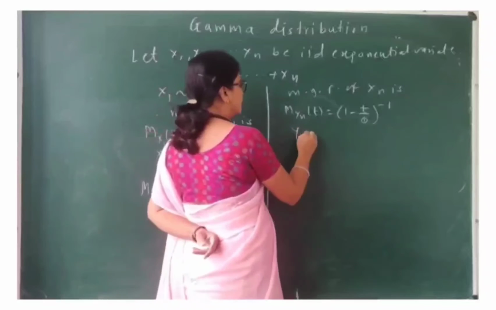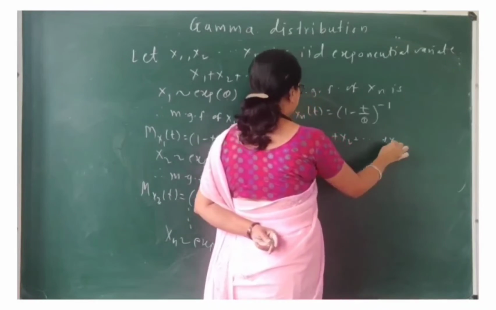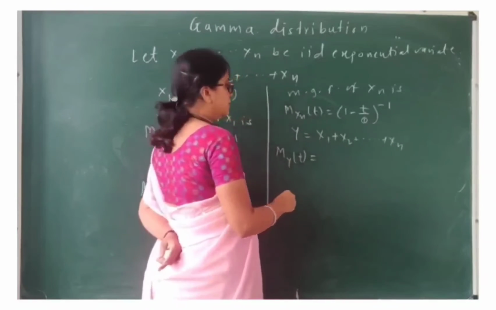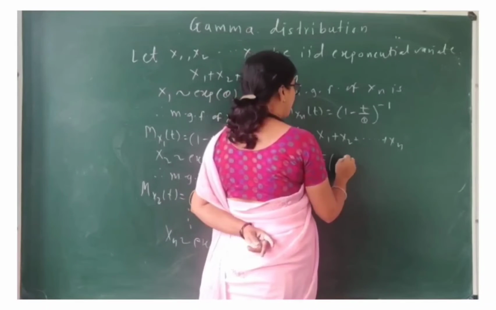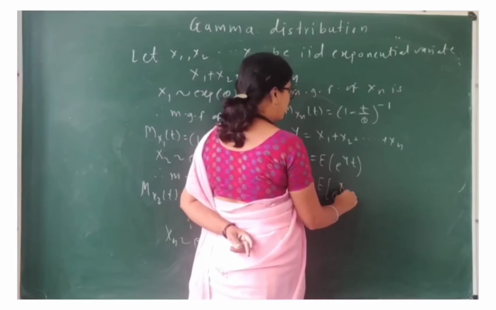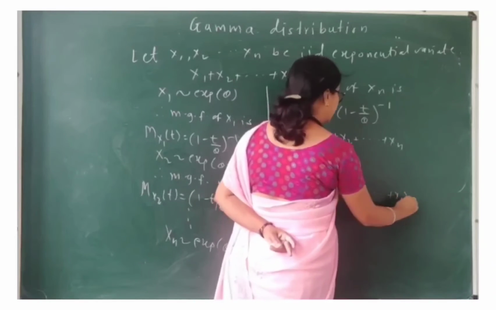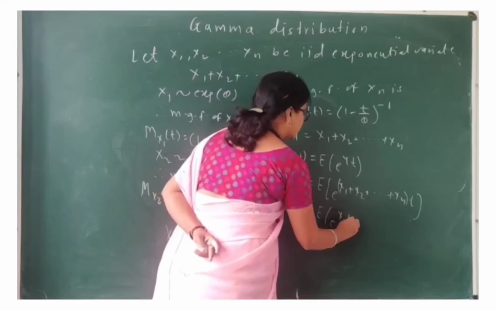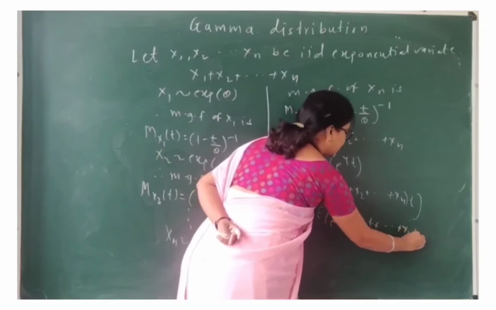So let me consider Y equal to X1 plus X2 so on up to plus Xn. So M_Y(t) is nothing but the expectation of e raised to power Yt. Let me put the value of Y: the expectation of e raised to (X1 plus X2 so on up to plus Xn) t, which is equal to the expectation of e raised to X1t plus X2t plus so on up to plus Xnt.